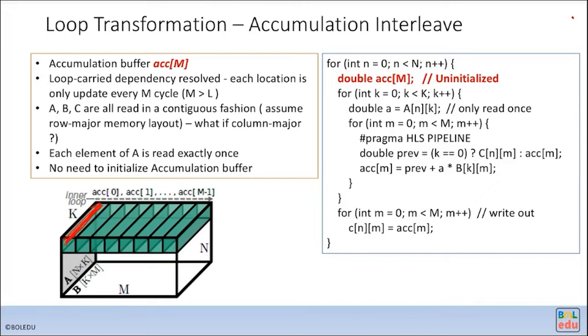Instead of doing that, we try to do the interleaving. In this case, we prepare n accumulation buffers.